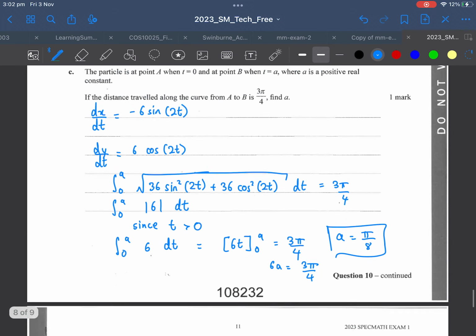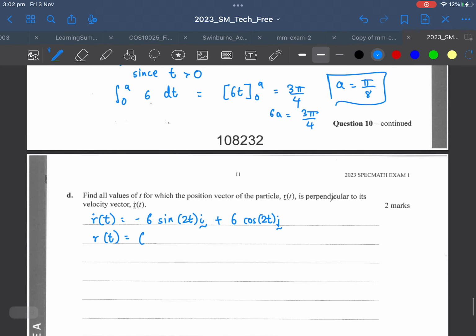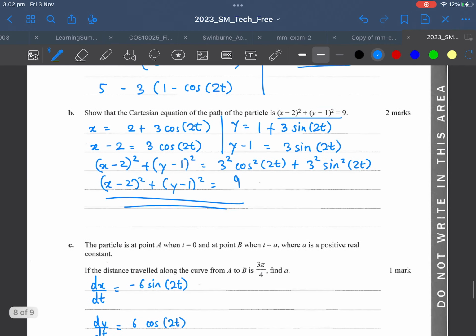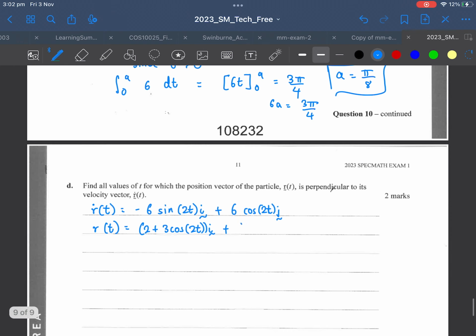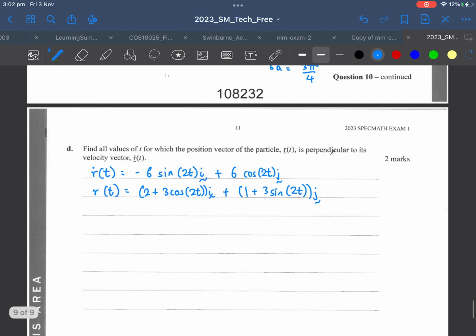And r(t) again is going to be (2 + 3 cos 2t) i plus, what's the y value, (1 + 3 sin 2t) j. Okay, so the dot product of r(t) and the velocity vector has to be 0 for this to be true.